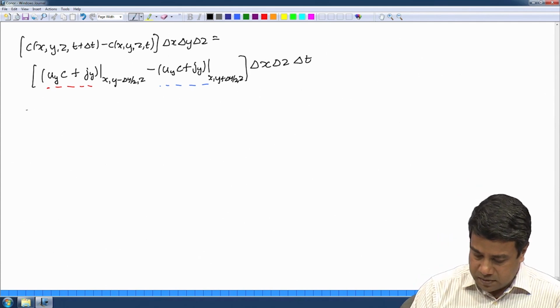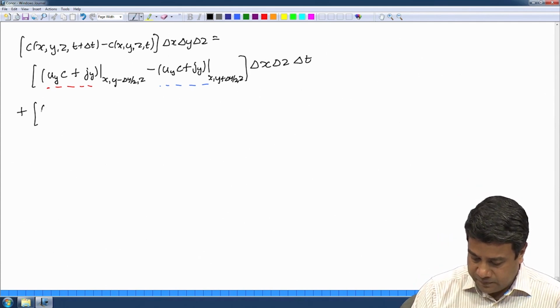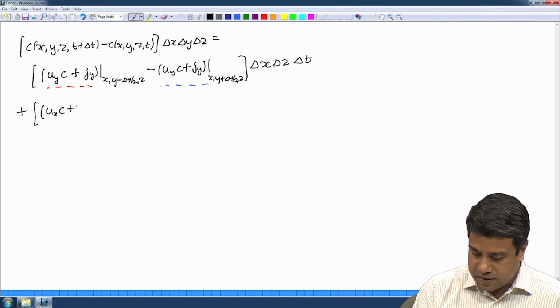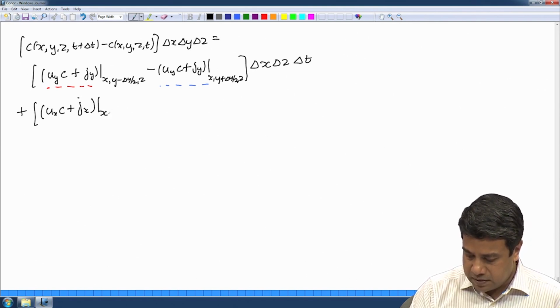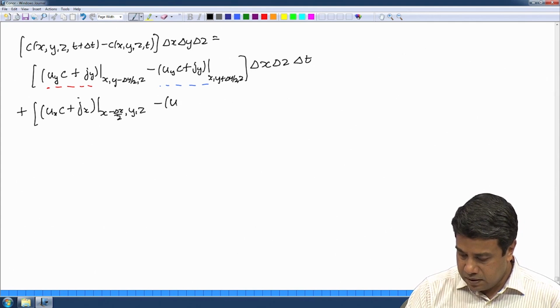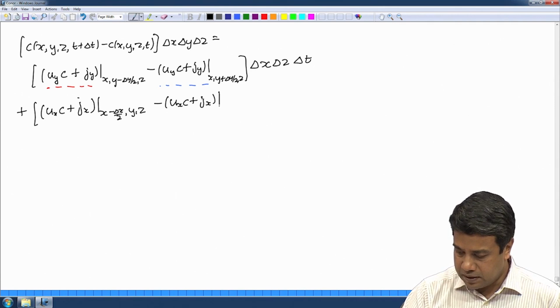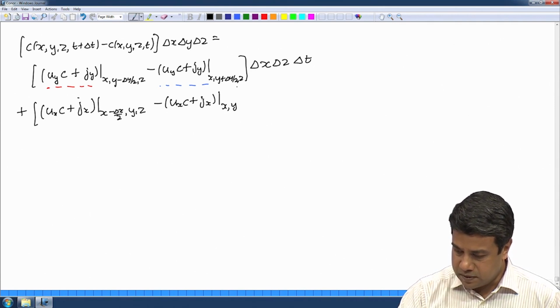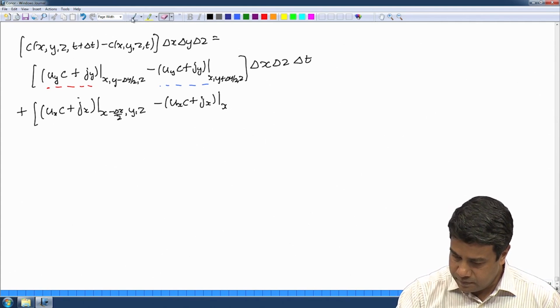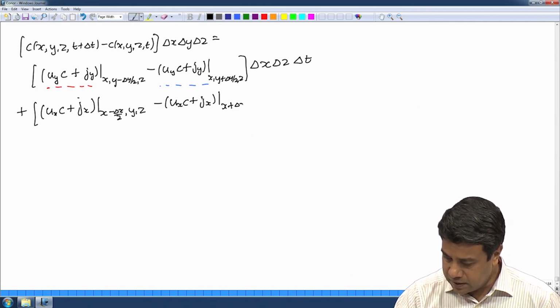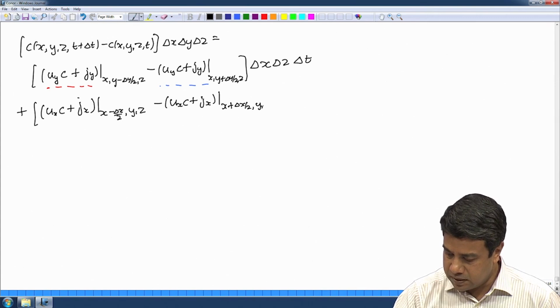So, this will be plus ux c plus jx at x minus delta x by 2, y, z, minus ux c plus jx at x plus delta x by 2, y, z.